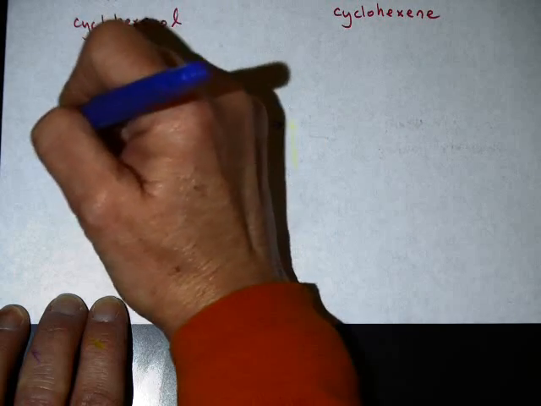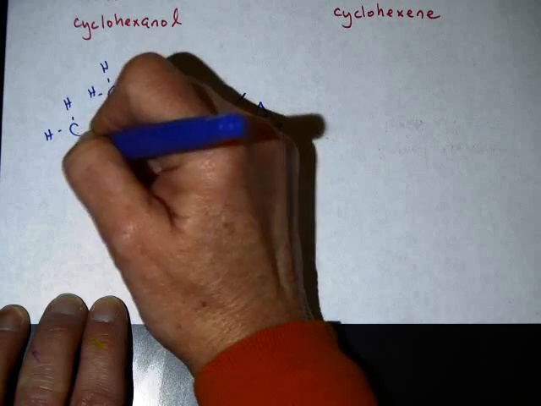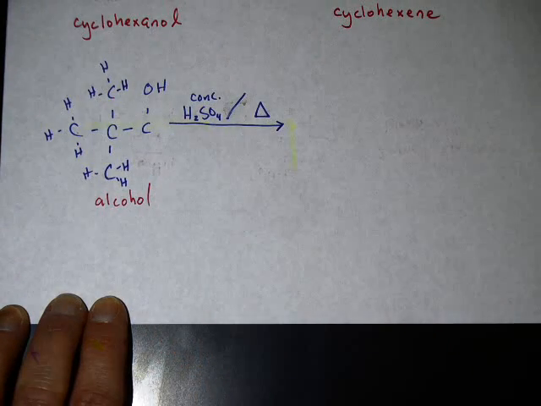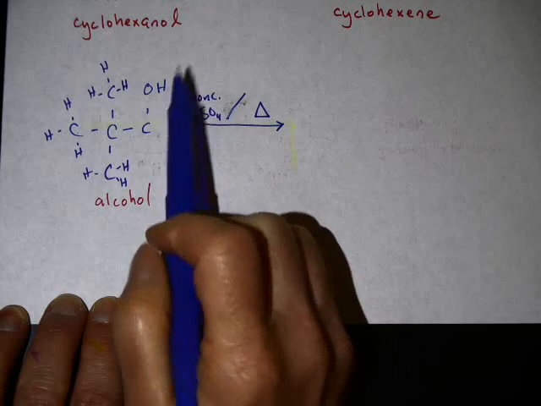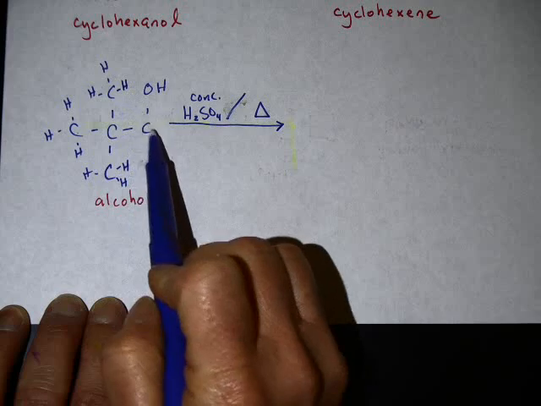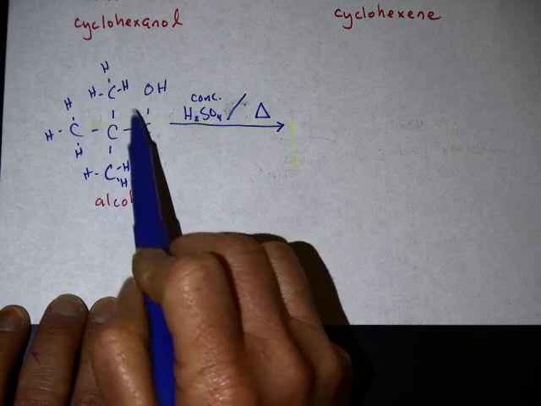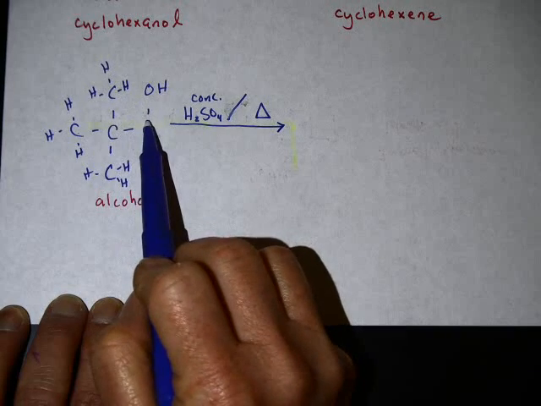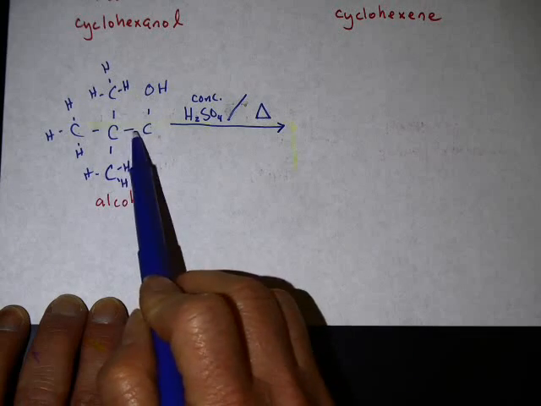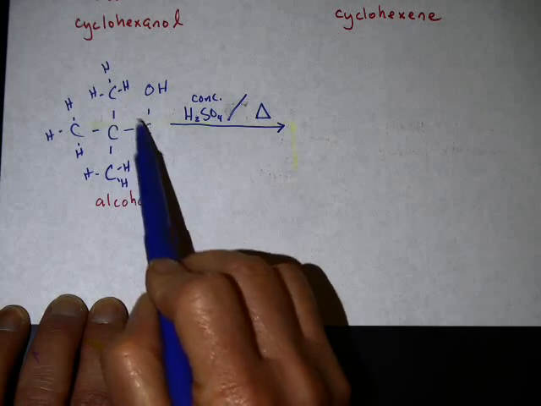I could draw those in. I just drew in those H's, but be sure to notice I cannot remove this OH with this H because those carbons are not even attached to each other. They're not bonded. Double bonds are always between 2 adjacent carbons, 2 next door neighbor carbons. You can't have a double bond here.